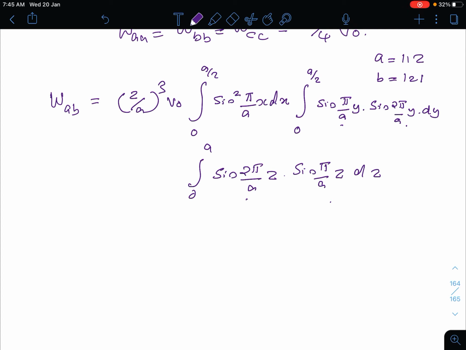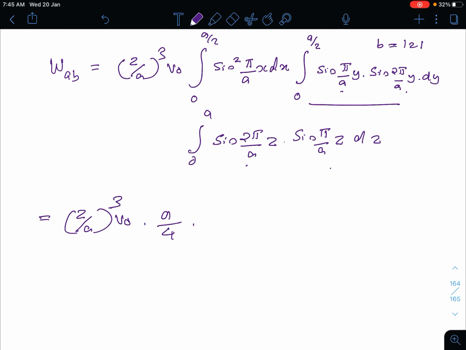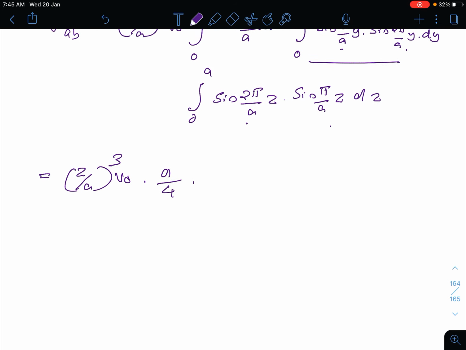What is that first term? Simply 2 by a cube V0, and the first integral is simply a by 4. Okay, so let's find out the second term. If you know the second term, you can find the third term because they are almost the same.